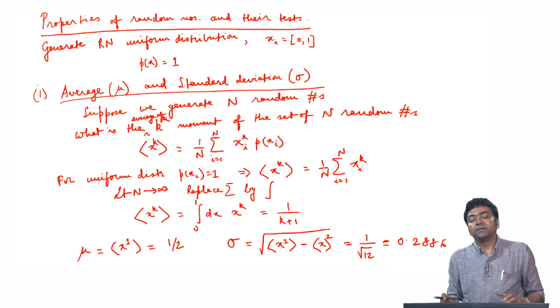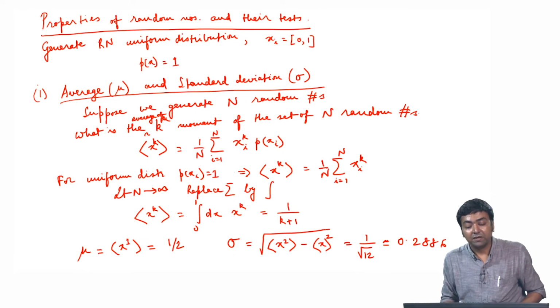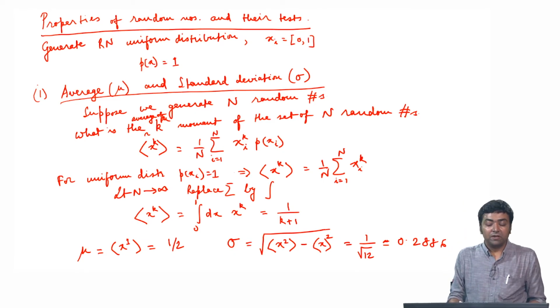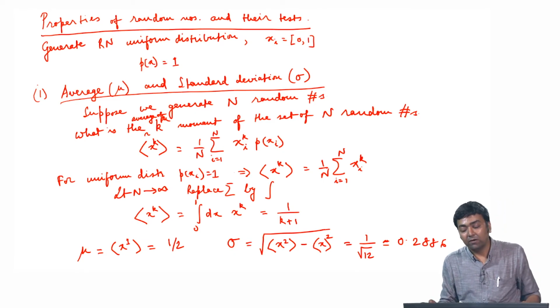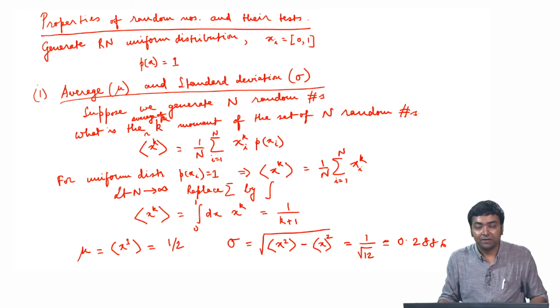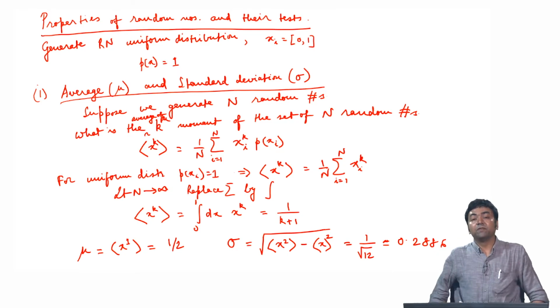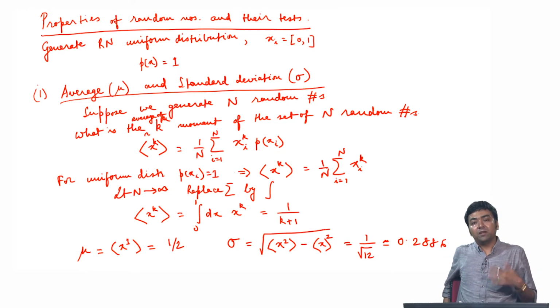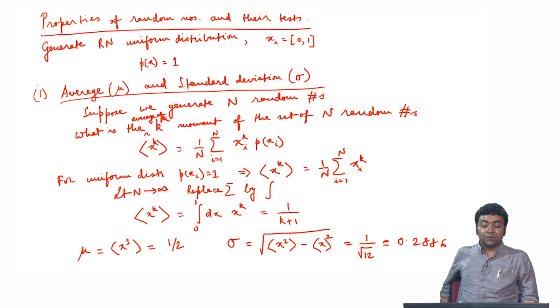So, for a given random number generator which claims that it generates a uniform distribution, the first thing one can do in order to test that generator is to check whether it is indeed giving a set of random numbers with a uniform distribution, by computing the average value and the standard deviation of the distribution.